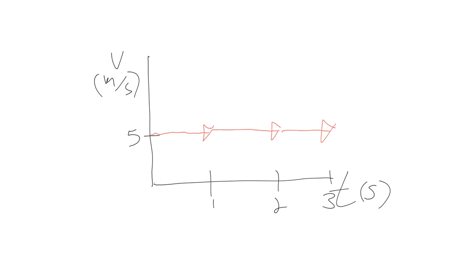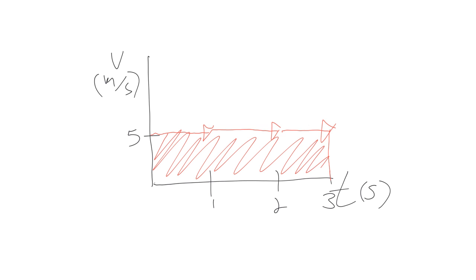This makes even more sense if we look at our graph. So here again, I have my 3 different vectors. They're essentially all the same length. But if you take a look at this, you'll notice that the area underneath my curve here is an area of 15 meters, right?